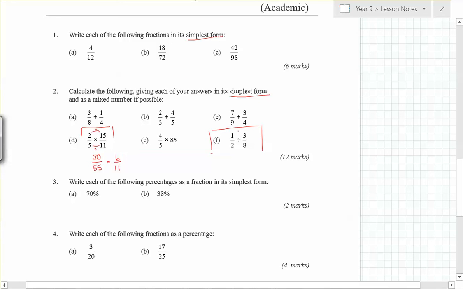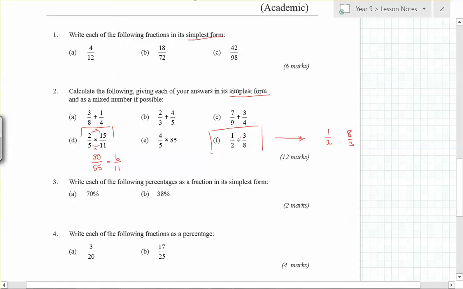Go on, Millie, remind us how we do division. You wrote the 3 over 8, you changed it, you put the 8 on top. So instead of doing a half divided by 3 over 8, we do a half and 8 over 3. But then, what goes in here?